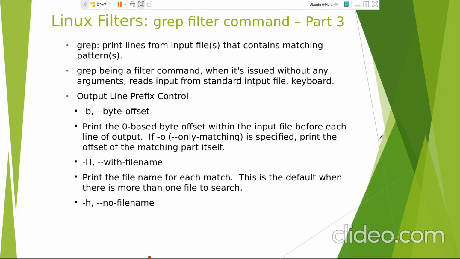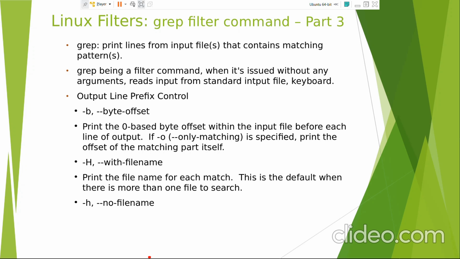Let us suppose you are specifying only one pattern to match and one file name. In that case, it will not prefix every matching line with the file name. But even though we are specifying only one file, if we still want to prefix every matching line with the file name, then we can specify this -H option.